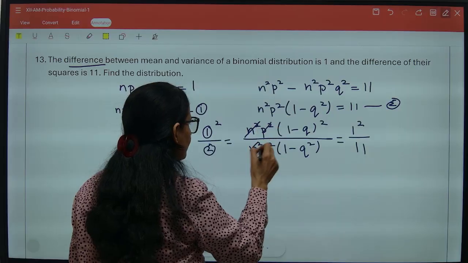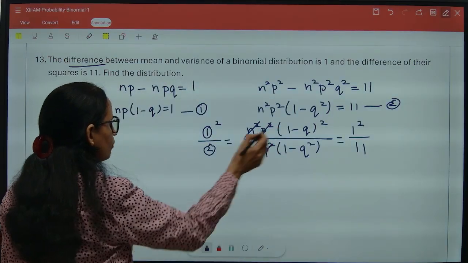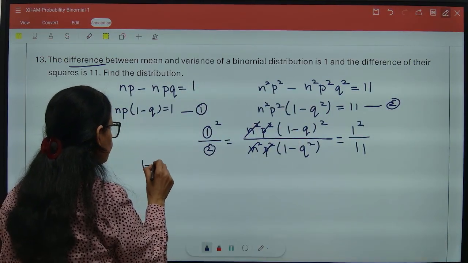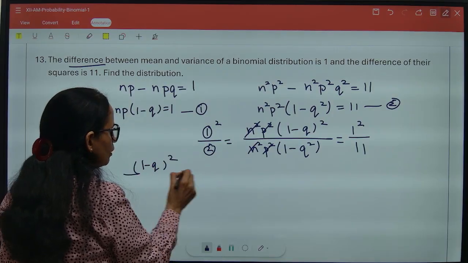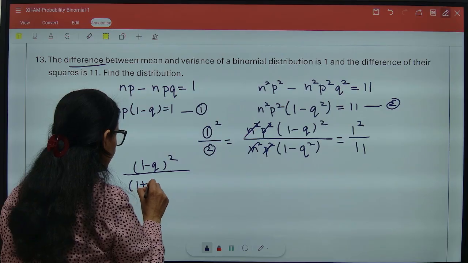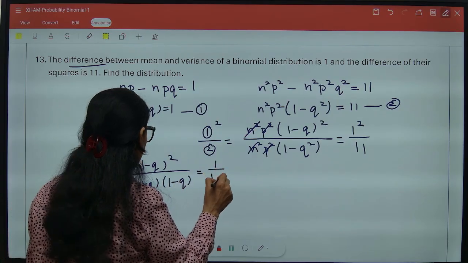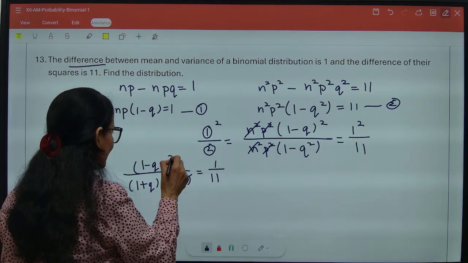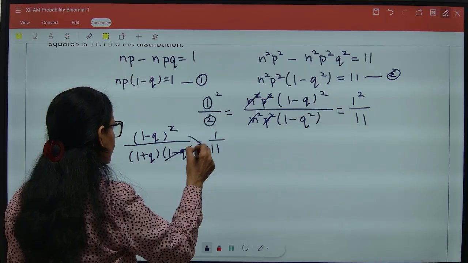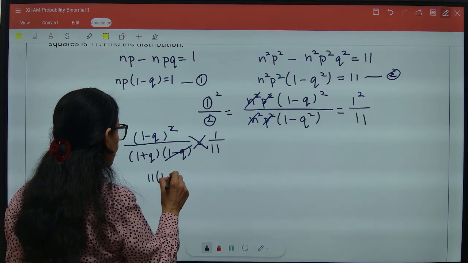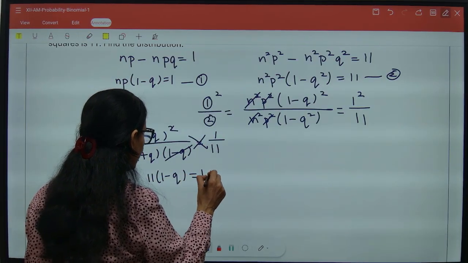N square p square gets cancelled. 1 minus q whole square upon 1 minus q square can be written as 1 plus q into 1 minus q, and this is equal to 1 upon 11. So 1 minus q gets cancelled here, and when we do cross multiplication, we have 11 into 1 minus q equals 1 plus q.